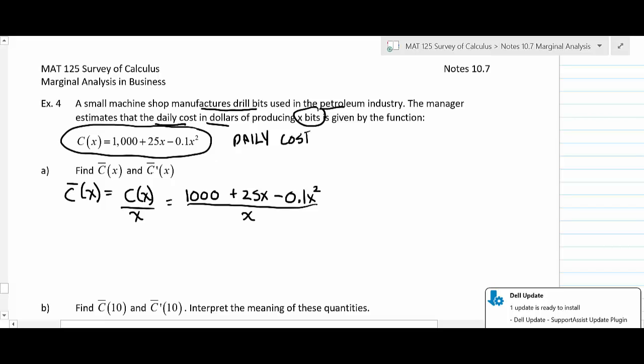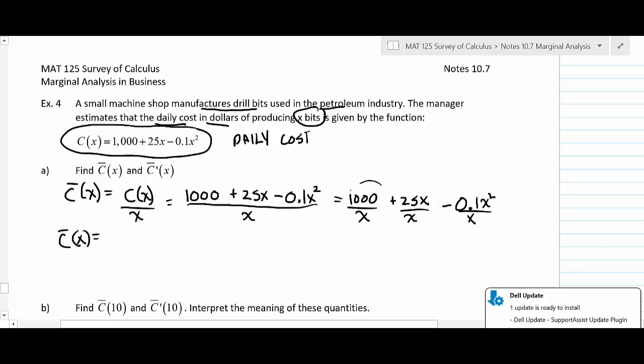You're going to do the derivative. If I'm looking for C bar prime of X, that's finding the marginal average cost. So you want to break this up. You want to say 1,000 over X plus 25X over X minus 0.1X squared over X like that. You definitely want to get that simplified. Okay, so I'm going to write that as C bar of X.